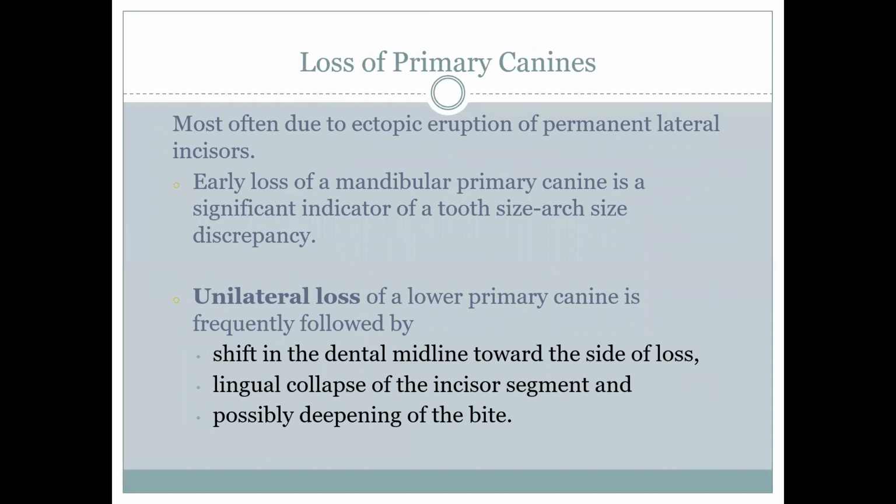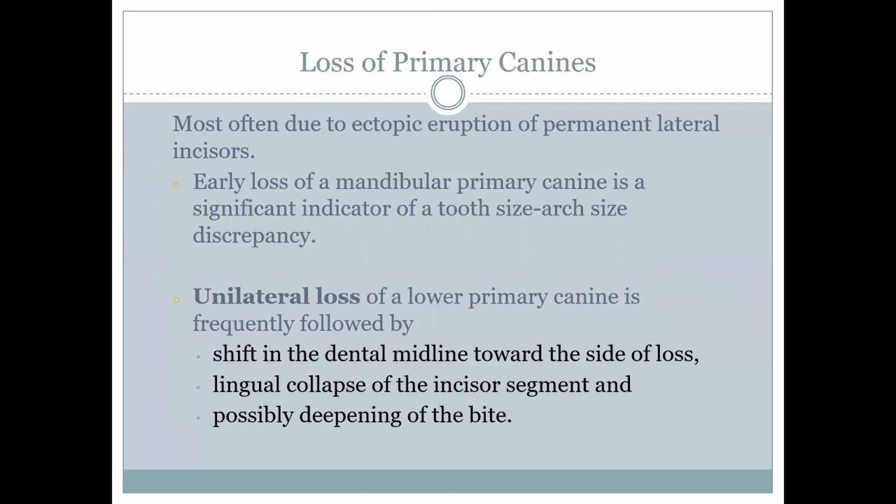Most often, ectopic eruption of the permanent lateral incisors is caused by early loss of the primary canines. So we'll talk about loss of the primary canines for a little bit.